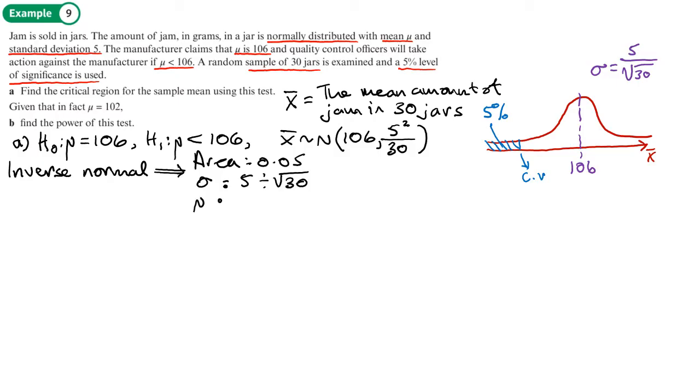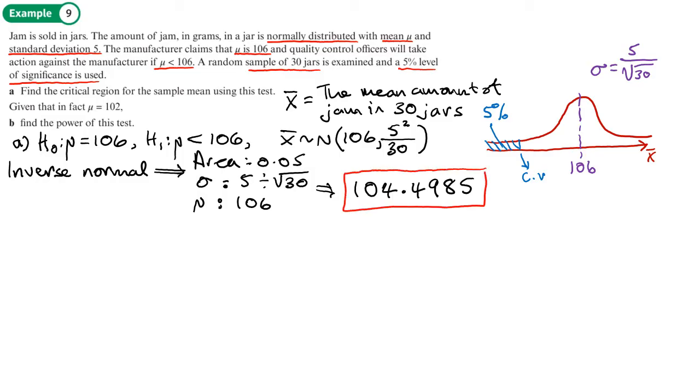Then the mean is 106. So that gives us 104.9854 to 4 decimal places. Because I want to give my probabilities to 4 decimal places, I really want to give any numbers that I work with in the calculation to at least 4 decimal places. Okay, so that's the critical value.